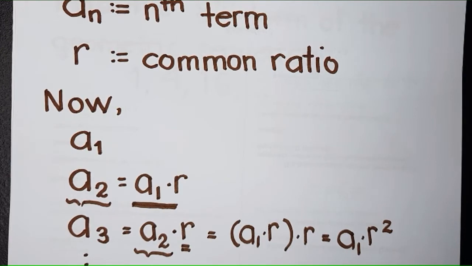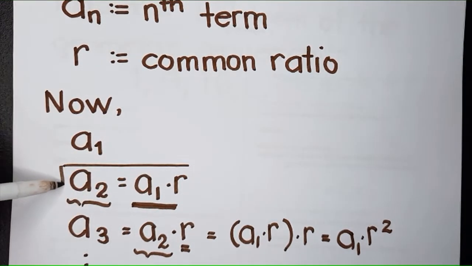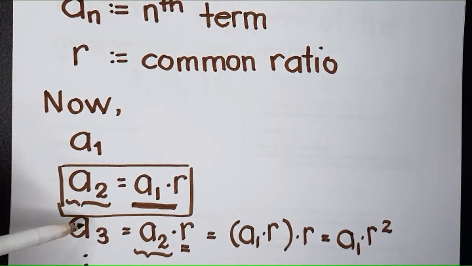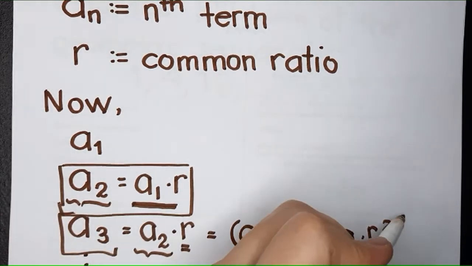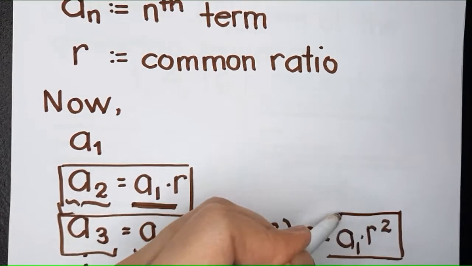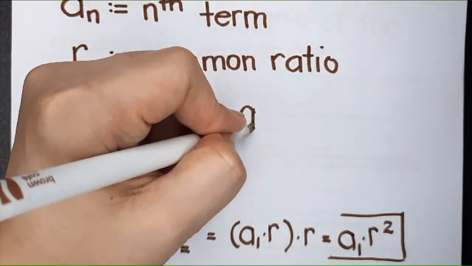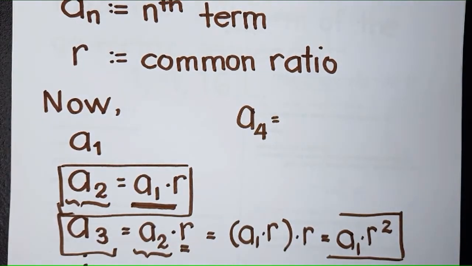Nakakakita na ba kayo ng pattern? Like, your a sub 2 is equal to a sub 1 times r. And then, your a sub 3, that one is equal to a sub 1 times r squared. Okay? So, isa pa. Let's try a sub 4. A sub 4 is equal to what?